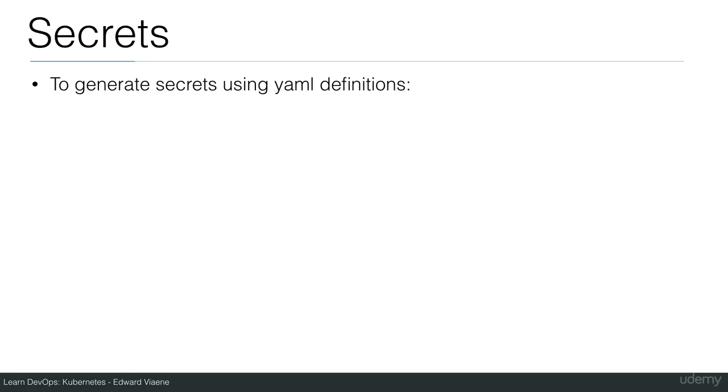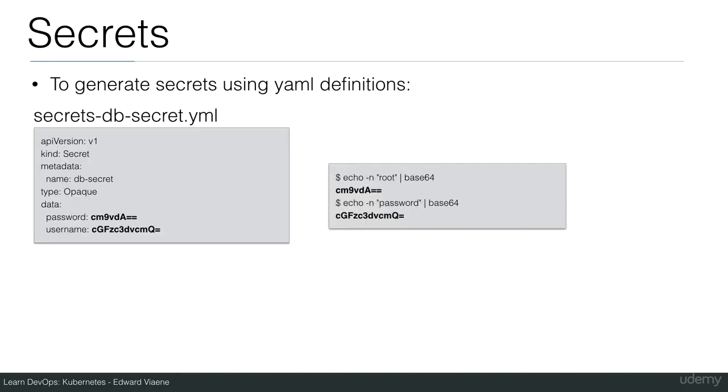If you want to generate secrets using YAML definitions, as previously we always used YAML files, you're going to create a file secretsdb-secret.yaml, and this definition is going to be of kind Secret. You're going to give it a name, a type, and then you're going to supply the data. Here you're going to supply base64 strings. On the right, you see how you can generate those base64 strings.